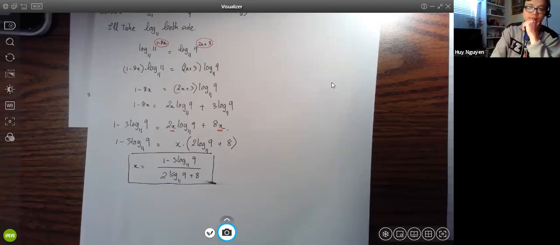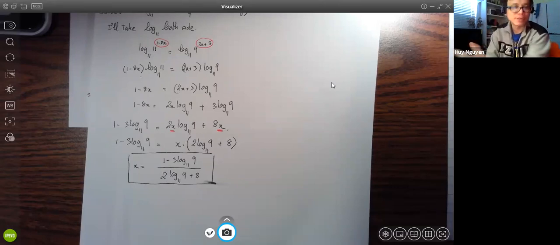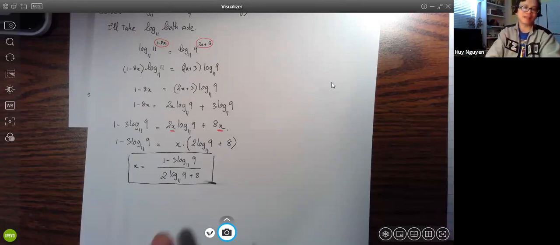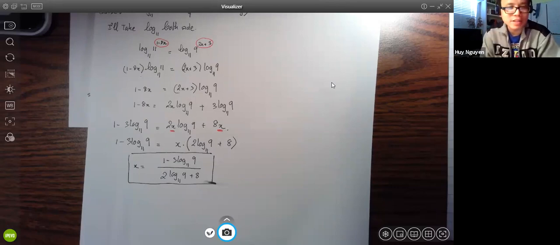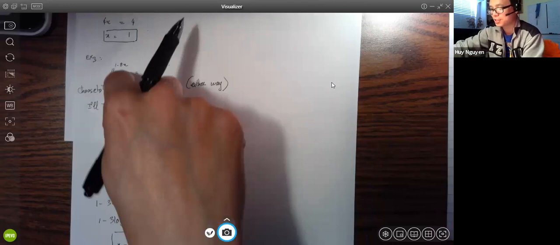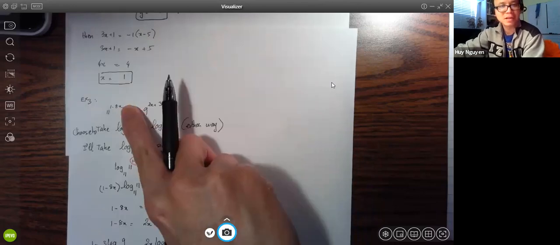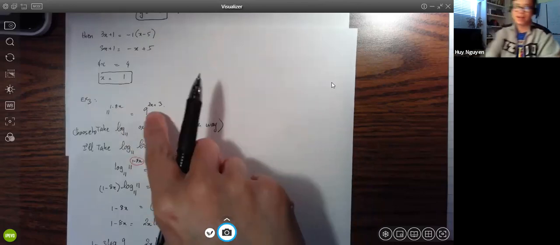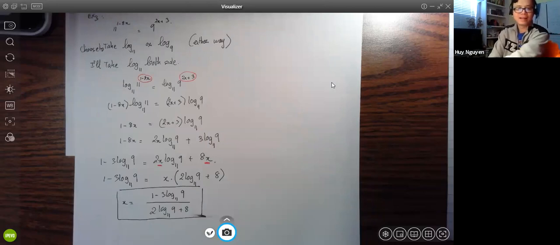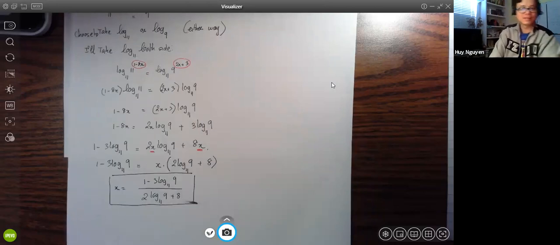Okay. And would anyone ask me to plug them back into the original and check that? No, I'm not going to do that. I mean, come on, it's too big. It's a waste of time checking this problem. I'm not going to put the whole thing in and check if both sides turn out equal.